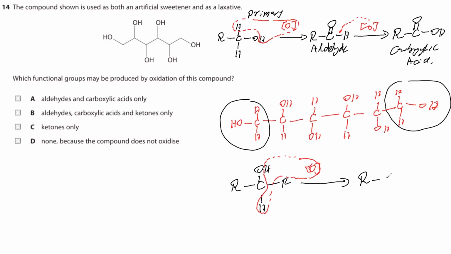So R, CO, R. So this is a ketone. That means in here we can get aldehyde, carboxylic acid and ketone. All three are possible. Yes, our answer for this question is B. Question number 14, answer is B.